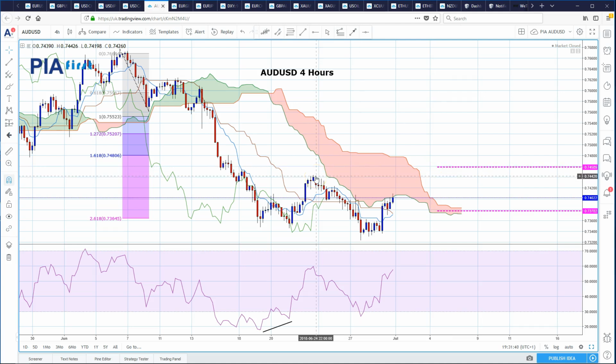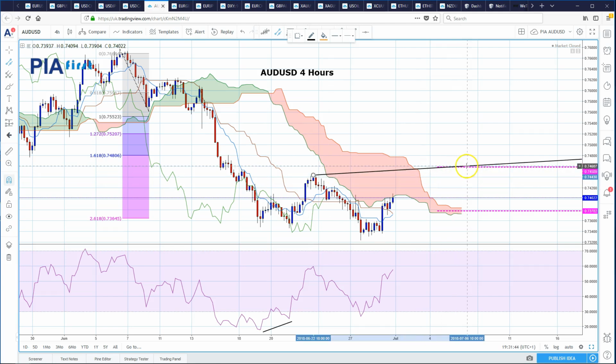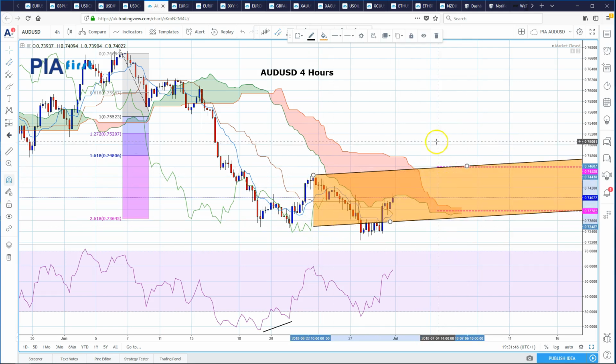It's close to the previous swing high. So after we reach there, maybe we pull back down. At the moment we've got bespoke support at 73.78, so we're probably going to see some range trading in between these two levels at the beginning of the week.